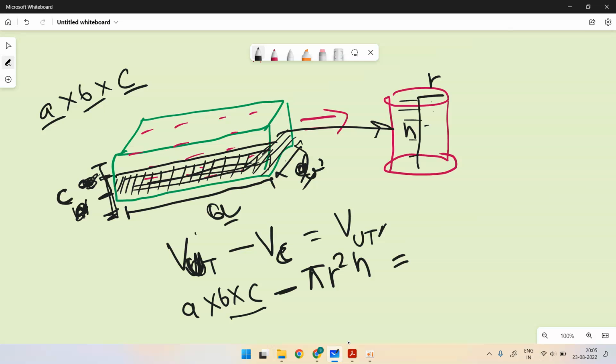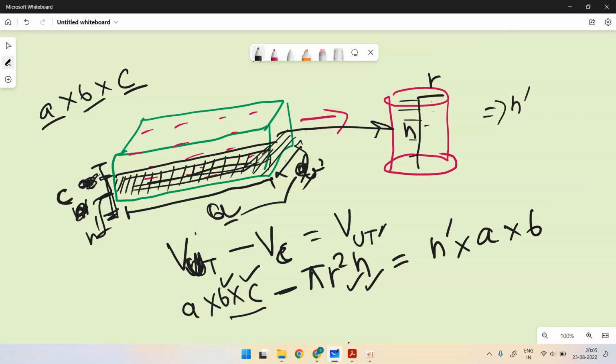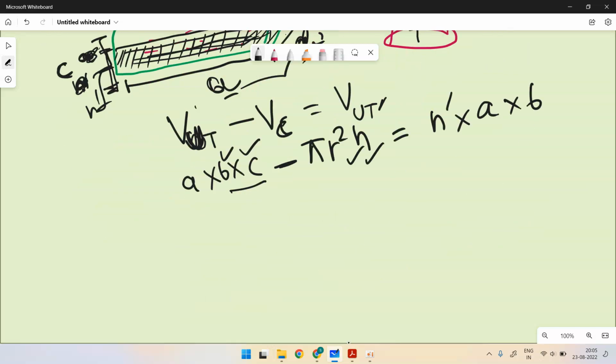So the volume will be equal to h dash, the height, into base area a into b. This is known, this is known, this is known, and this. If you want to find h dash, from here you can see that h dash a into b equals a b into c minus pi r square h.